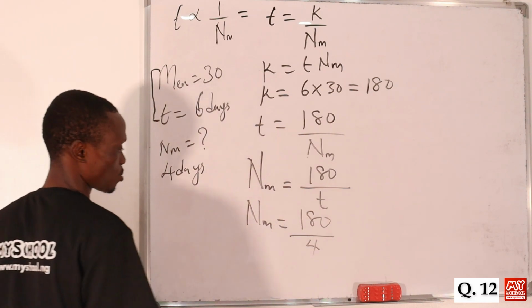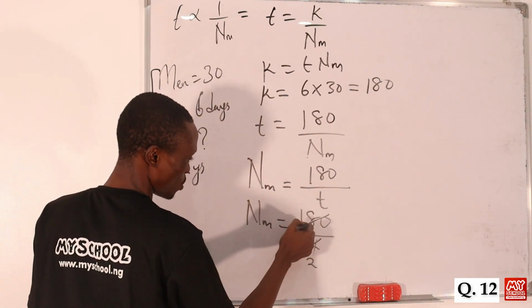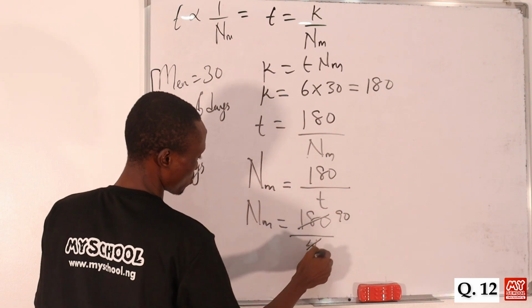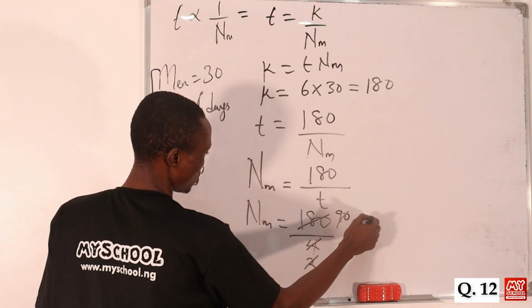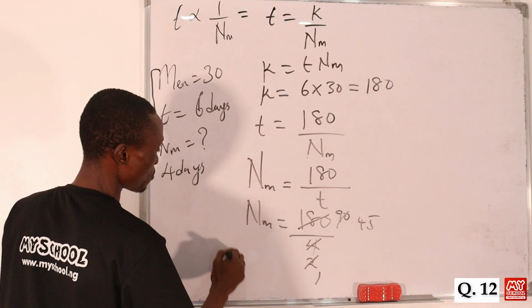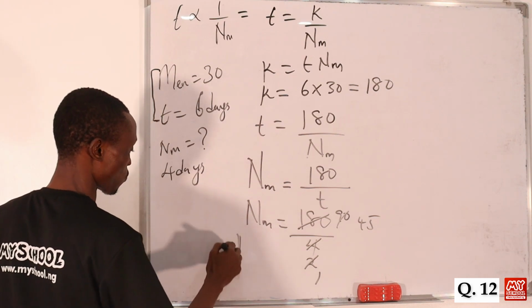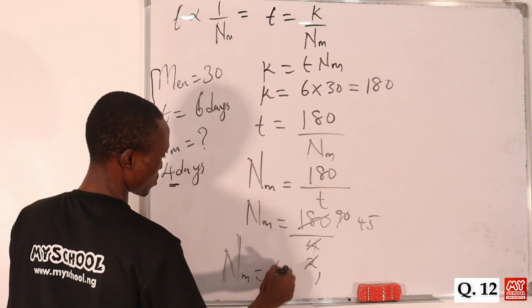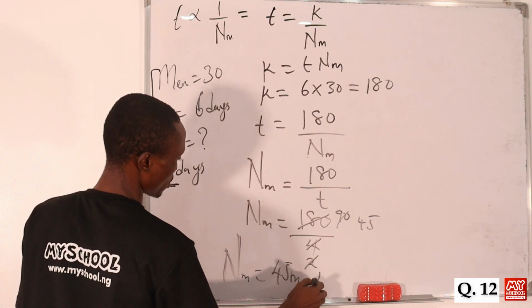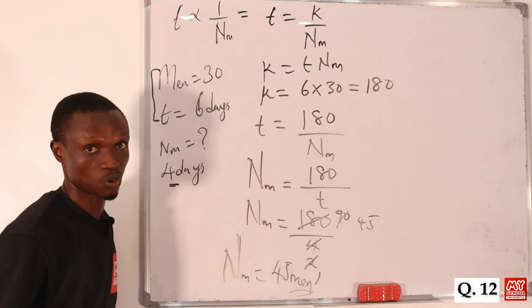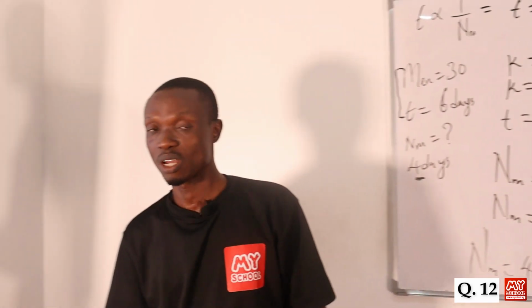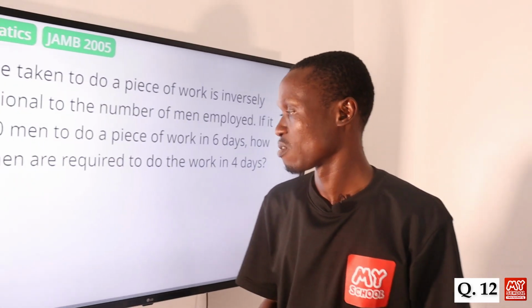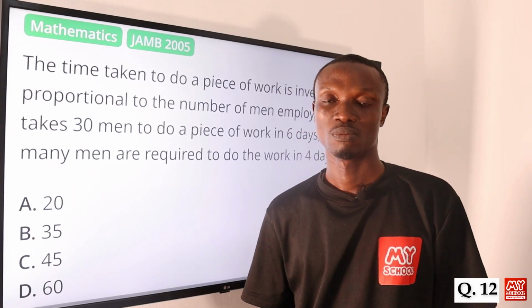So let's divide gradually. 2 here is 2, 2 here is 90, 2 here is 1, and 2 here is 45. So the number of men required to do the same piece of work in 4 days is equals to 45 men. Okay, so let's return back to the screen to pick the correct answer to this question, and that is option C, 45 men.